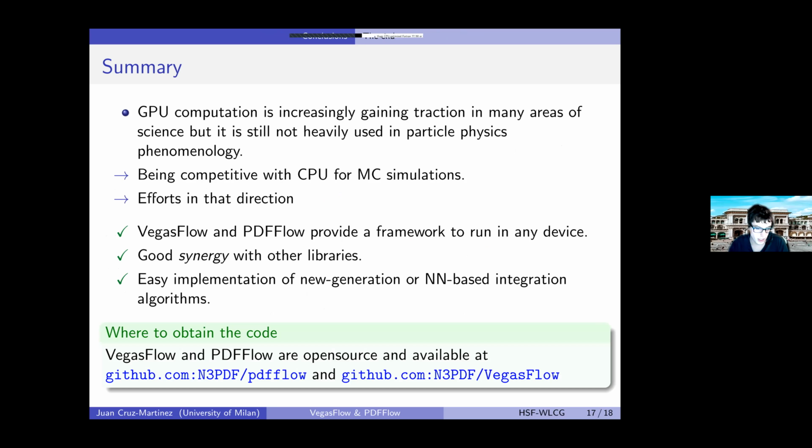I know that there is no need in this environment to convince you, but I hope you still believe that GPU computation can be really useful for the kind of problem that we deal with in high energy physics, at least the phenomenological side of the field, and that it is perfectly compatible and competitive with CPU.